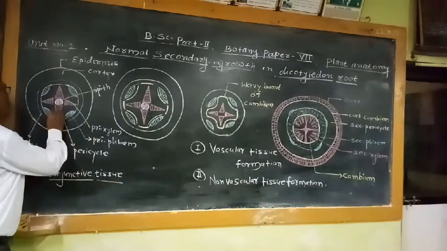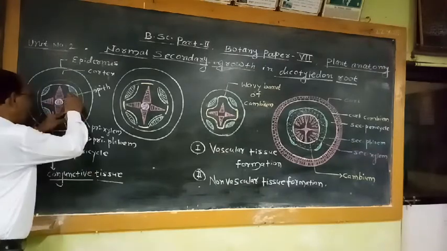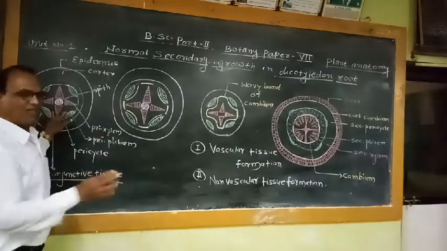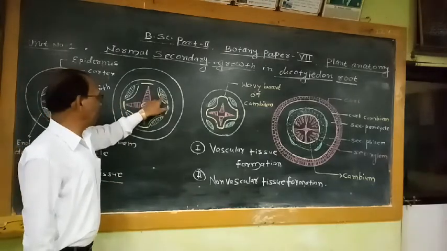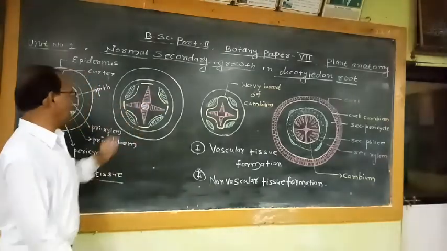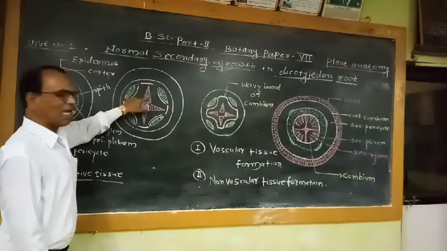So these conjunctive tissue cells below the phloem bundle become secondarily meristematic and form the new strip of cambium below the phloem bundle.